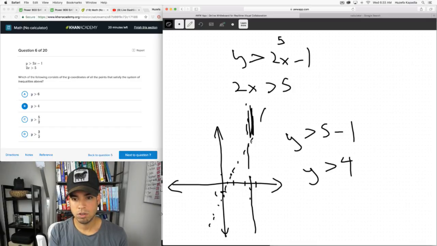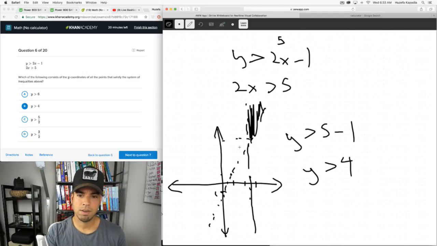So it's in this zone, and we just have to assume that these cross at 4, and I think they do. I think that's actually right, because 2.5 is 5 halves, and that's 4 at 5.5. Yeah, this is definitely right.